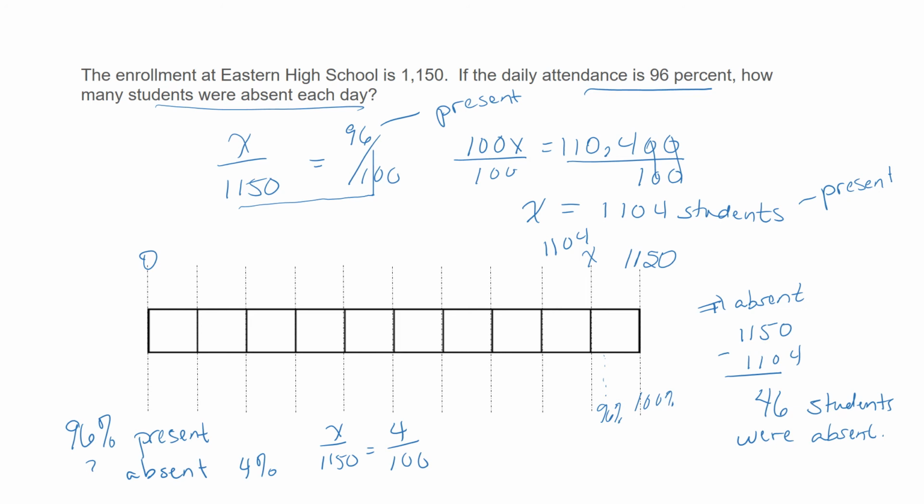And this will give me the number absent without having to subtract. So I get 100x is equal to 4,600. Divide both sides by 100 and I get x is equal to 46.